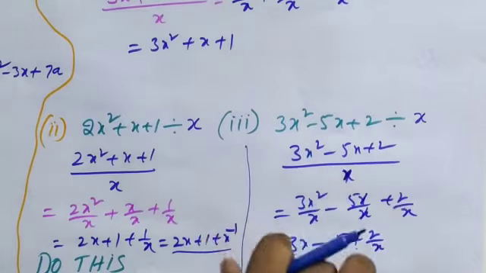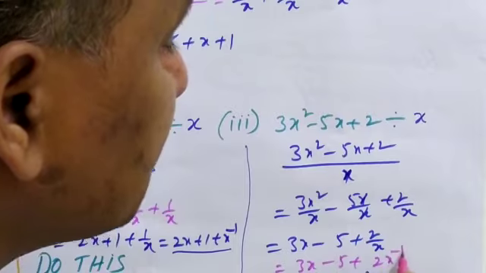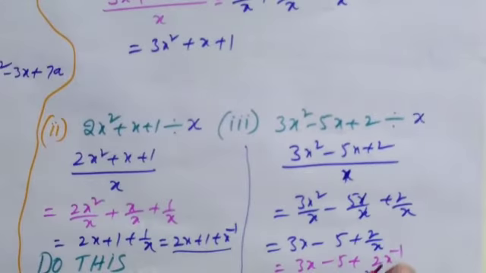The denominator portion goes into the numerator, so the power of the variable is negative. Let me write once: 3x minus 5 plus 2 into x power minus 1. A polynomial always has a non-negative degree of the variable. Here it is negative. This is not a polynomial.